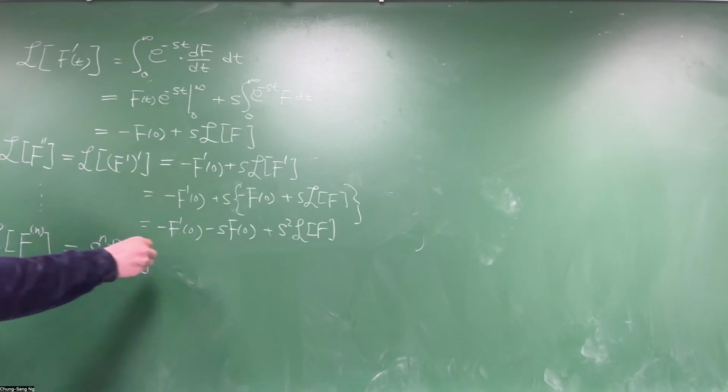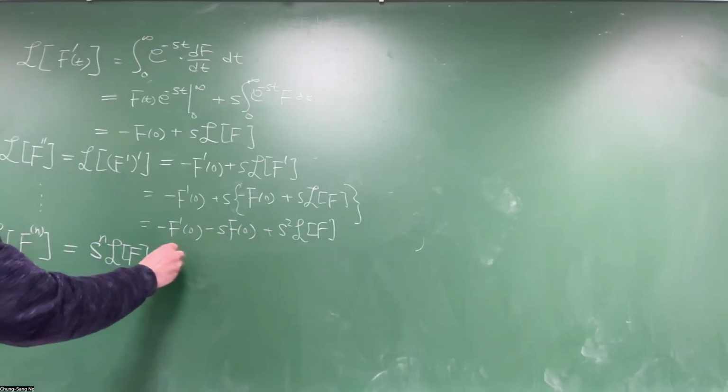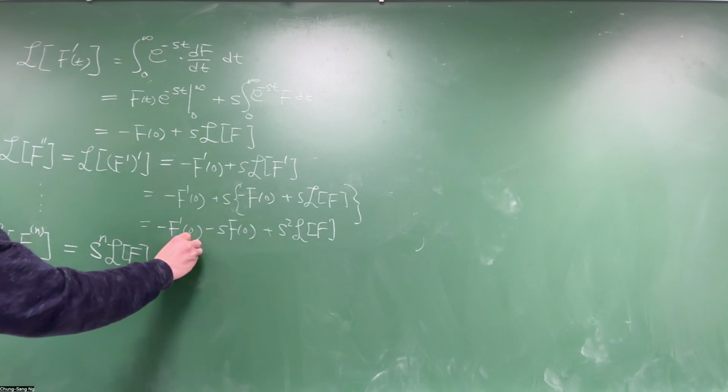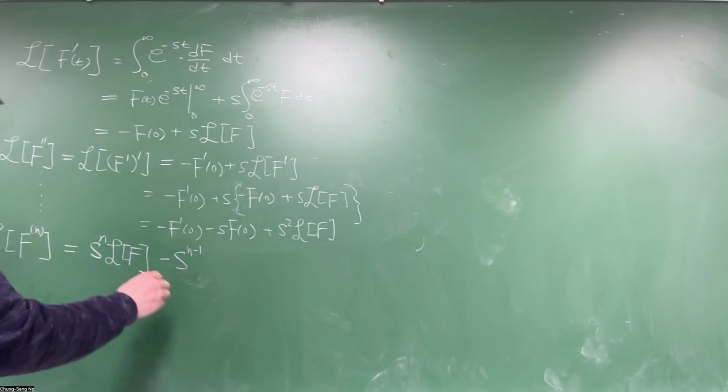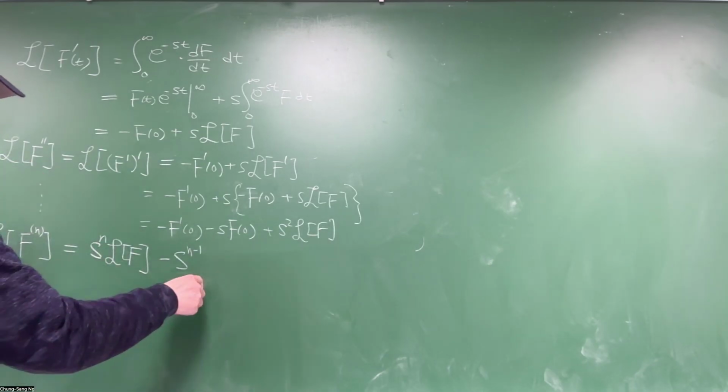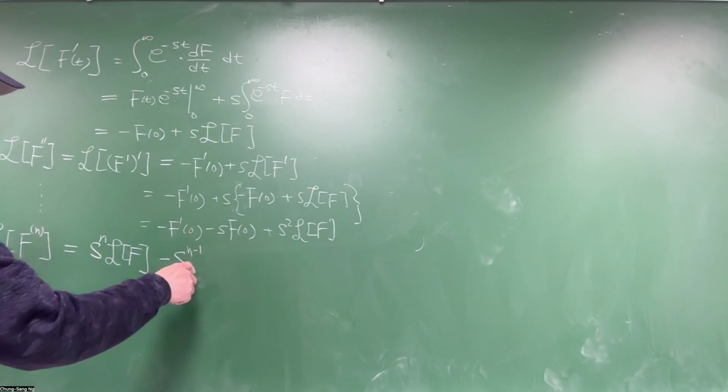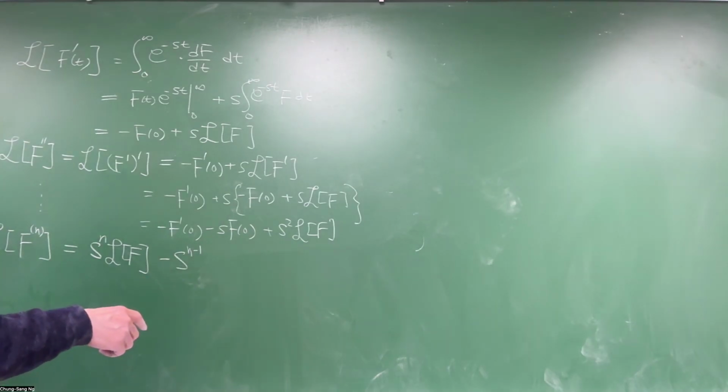And now you write down the next orders, all the others are negative. So minus s to the n minus one, and now it's a summation because there will be multiple terms.